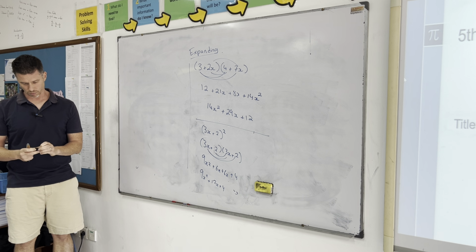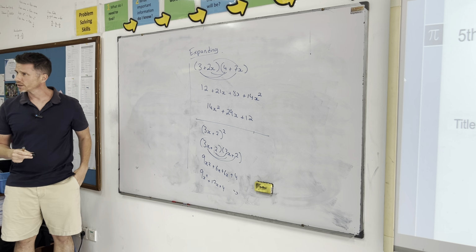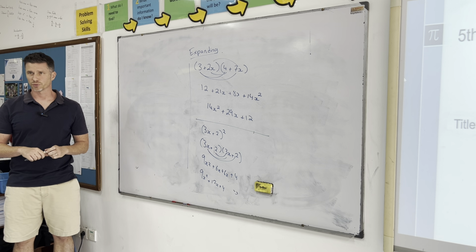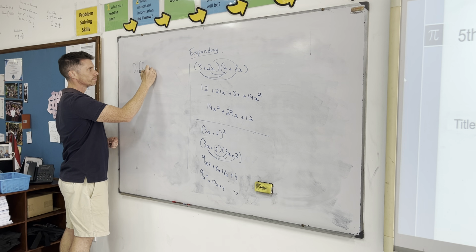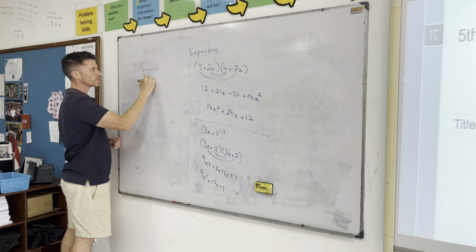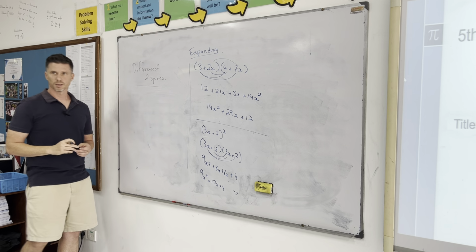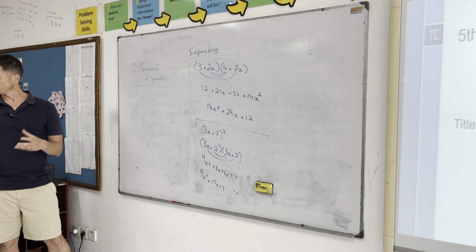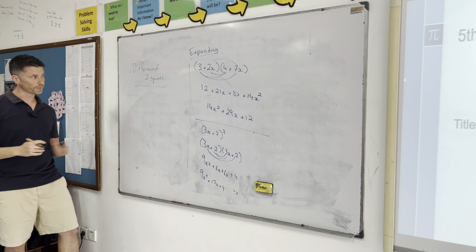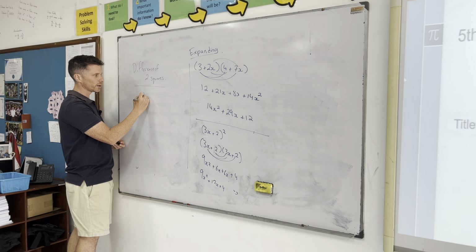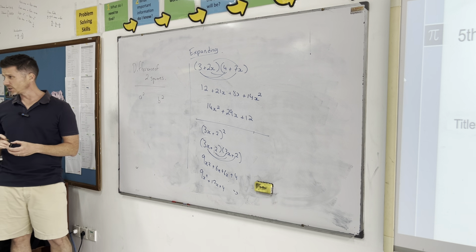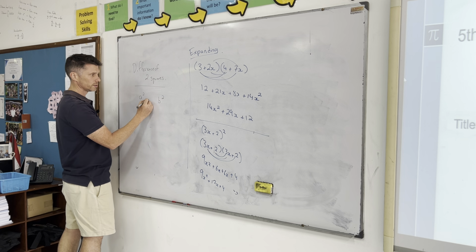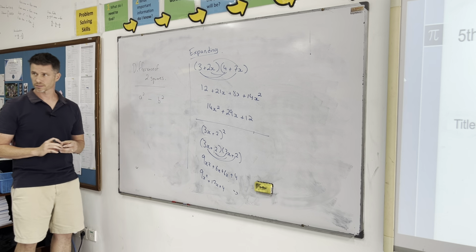What's the difference of two squares? Have we heard that before? Difference of two squares is an expansion and factorising technique that involves two squares. So something squared and something else squared. The difference would be minus.